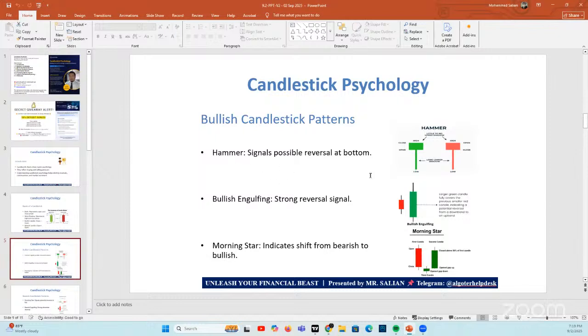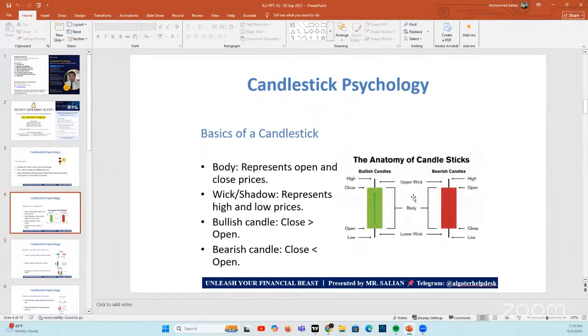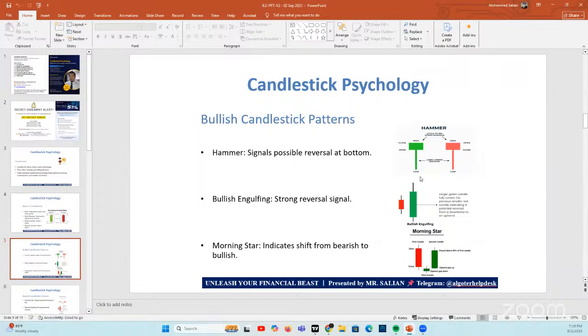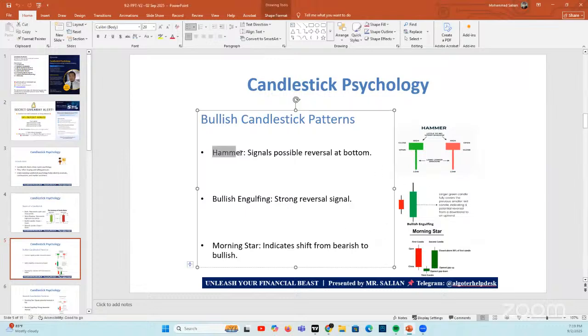All right. And for bullish candlestick patterns, these are the most common patterns traders tend to wait and see on the chart every time. So a hammer, this is a very powerful signal. When you see this one, it looks like this.